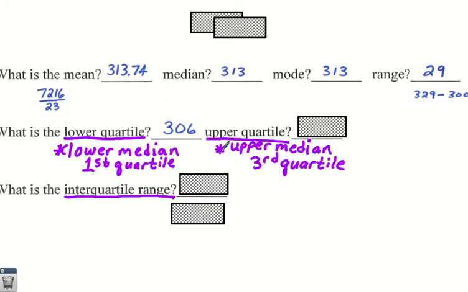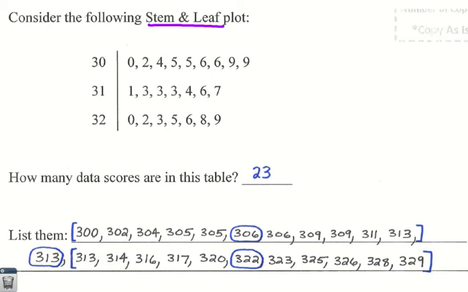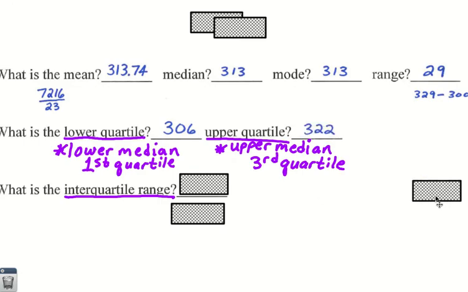Again, I would prefer upper median because it clearly describes how you just look at the upper half of the data from here to here, and you find the median of only this part, the upper half. And so you're finding the upper median of the upper half. And it turns out to be 322.